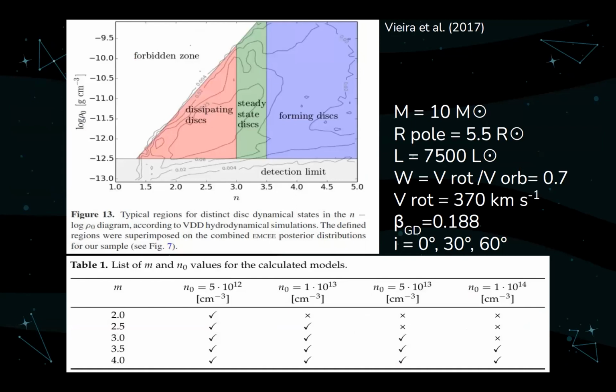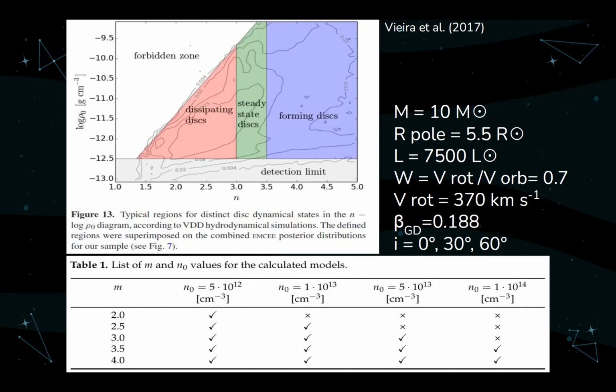This is the rotational velocity of the star in the equator, and then the disk is following a Keplerian rotation, that is, the rotation drops with the inverse of the square of the radius.